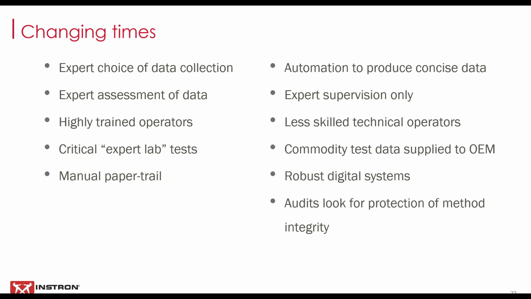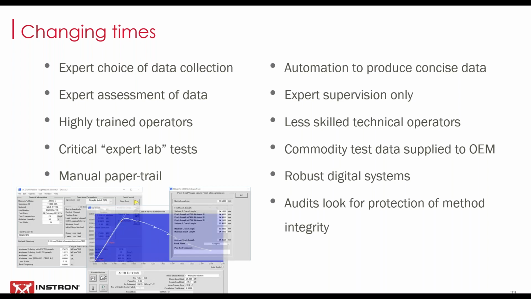And some really interesting conversations I've been having recently with people who run labs, and their auditors, while it's not mandatory, their auditors look for processes which protect method integrity and really ensure that you're working consistently. And so it always used to look very complicated, and you used to need to know what you were doing.